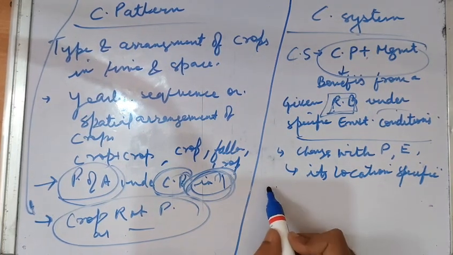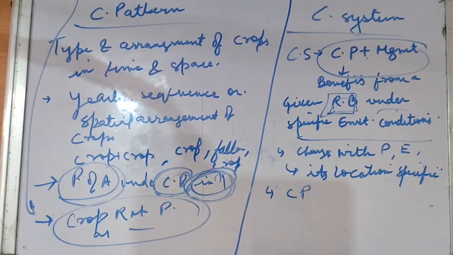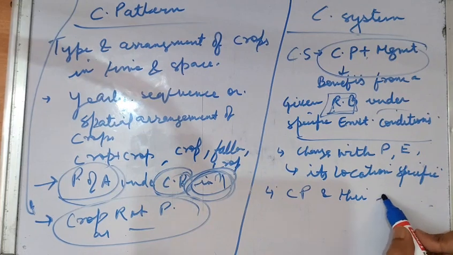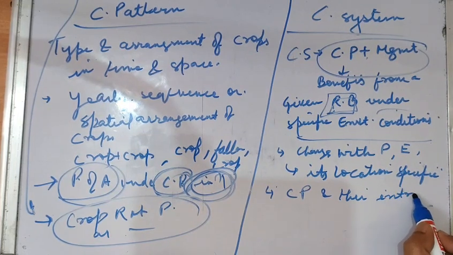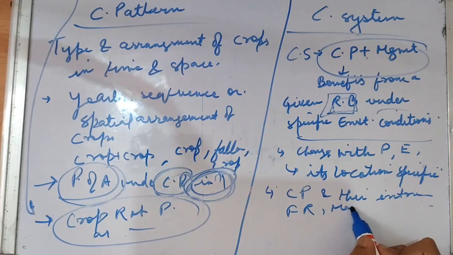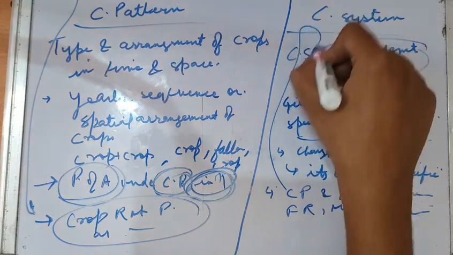And we can see cropping patterns used on the farm and their interaction with farm resources, machinery, and other farm enterprises which determine their makeup are also part of the cropping system.